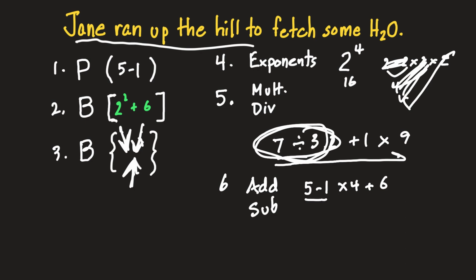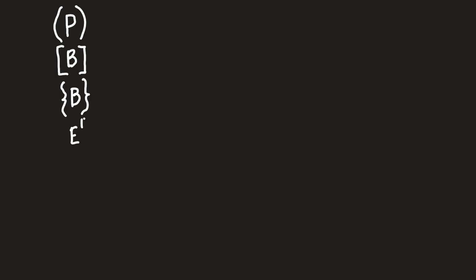Let's just review this on the next slide. Here we got parentheses. These guys. We got brackets. They're squared off like that, 90-degree angles. We got the elegant braces. That's another B. B for braces. Then we got exponents, the little number up here.